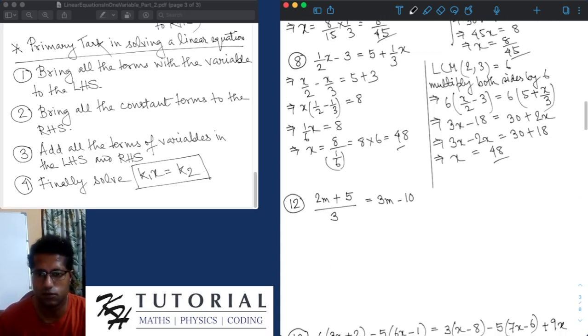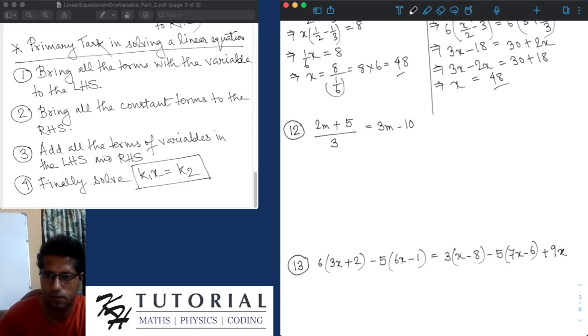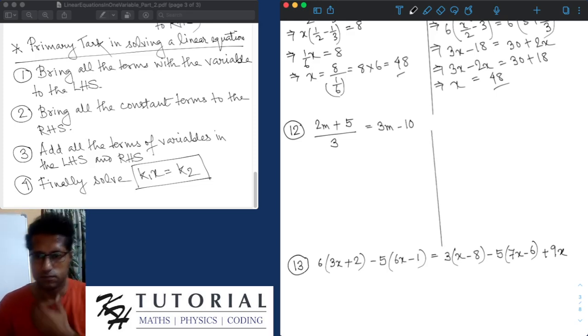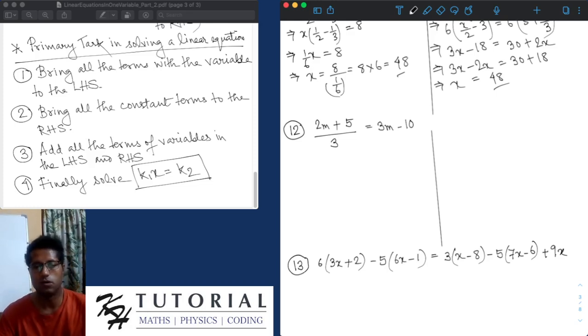Let's see question number 12. Okay. So in the straightforward way, in some cases while solving the equation in the straightforward way, that is the way I am solving on the left hand side, you might have to simplify the given equation so that you have to separate out all the variable terms.